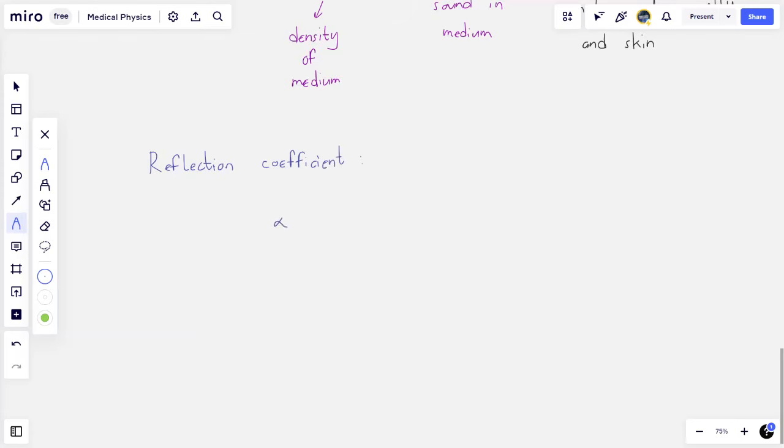So we give it the symbol alpha, but it's simply the amount of reflection by the amount of wave going in. Reflection intensity, or reflected intensity over incident intensity. And I think this equation may be in your formula sheets, but it's good to know what it means.